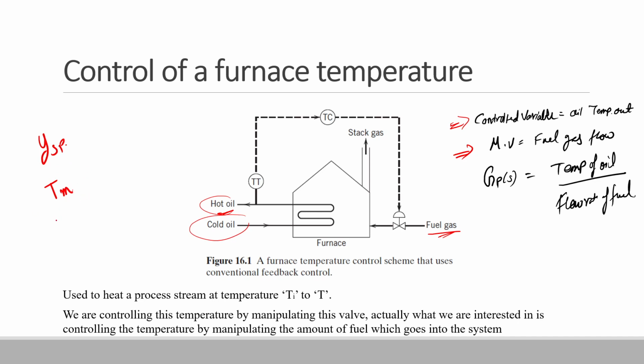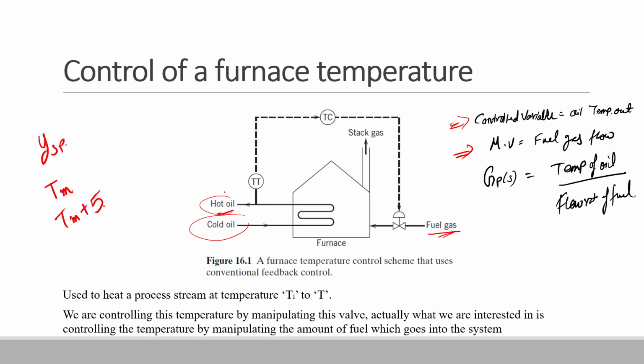Now if I increase the set point to Tm plus, let's say 5, that is, I want to heat the oil to a higher degree. So let's say from 200 degrees I have to heat it to 205 degrees.